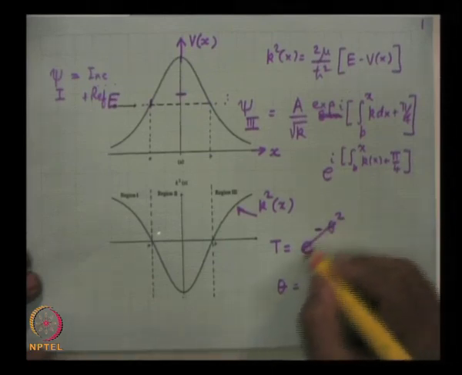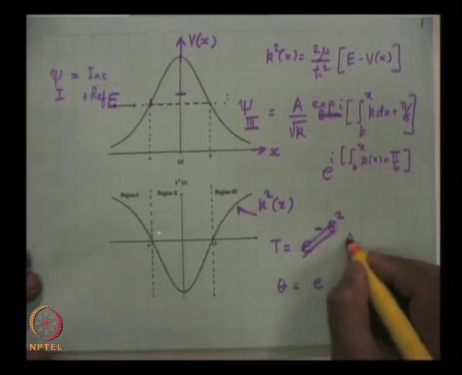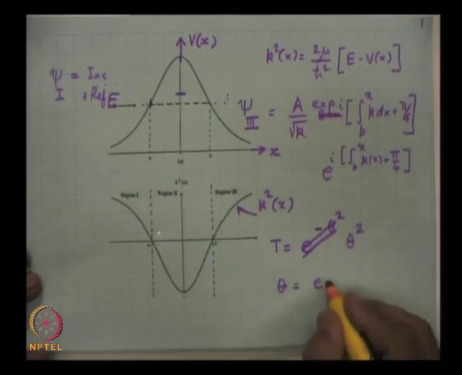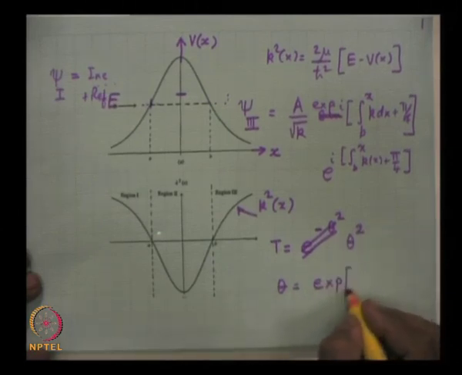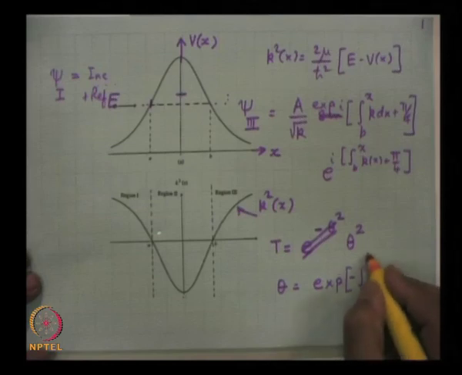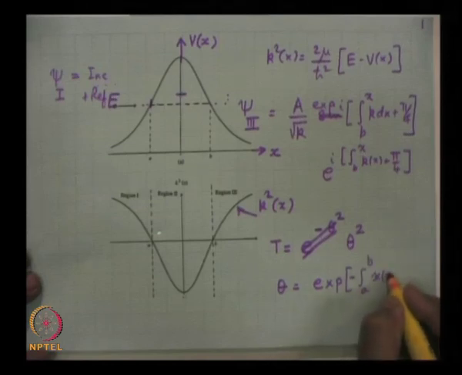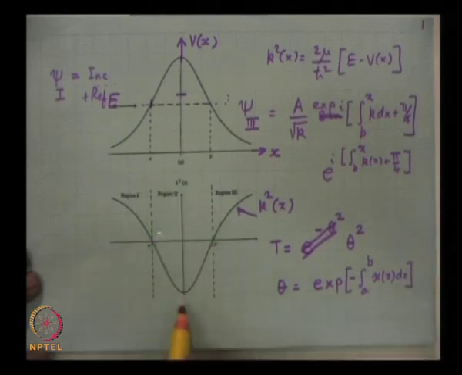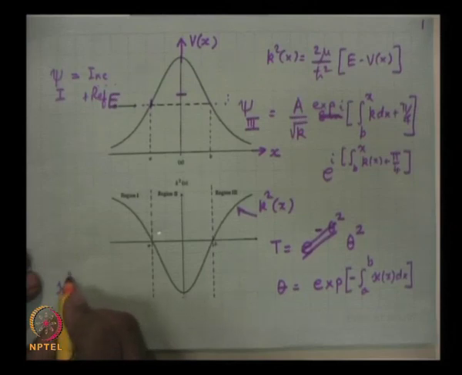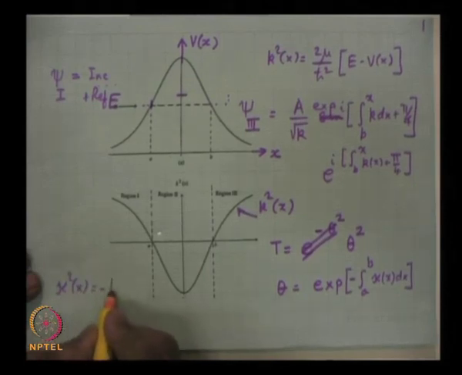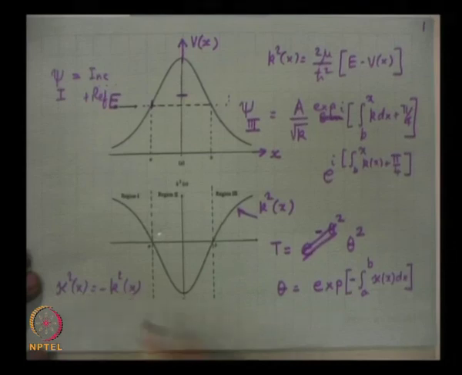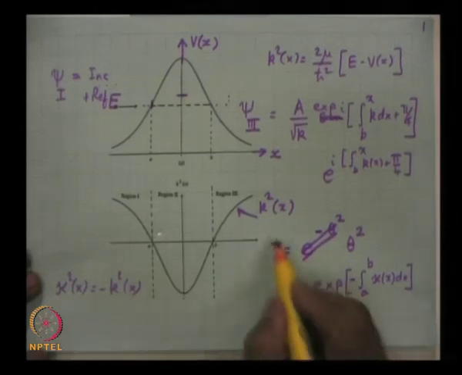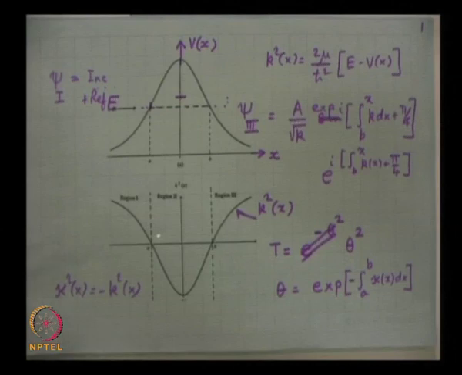I am sorry, the transmission coefficient was theta square, and theta was equal to exponential minus a to b kappa of x dx, because in the region a to b k square of x is negative, and therefore we define kappa square of x, which was equal to minus k square of x, and using this relation we discussed the 2-3 problems.